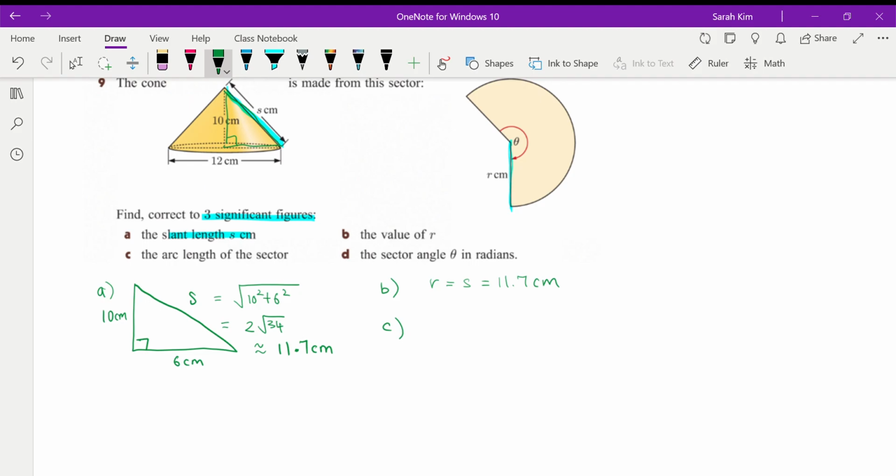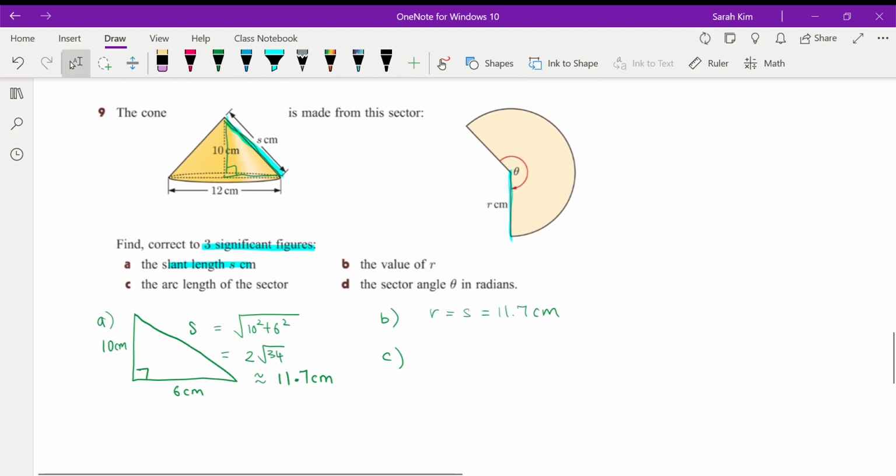C, the arc length of the sector. So the arc length is this length. I need to figure out my theta first of all. Well, my arc length, let me just see if I can write my equation.